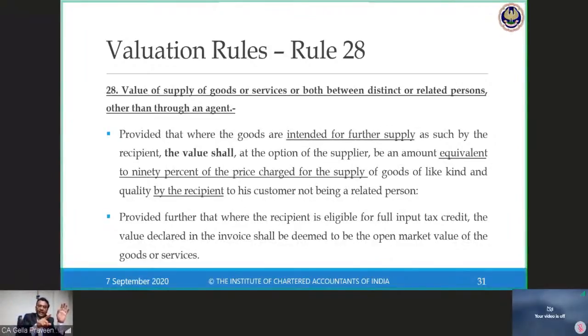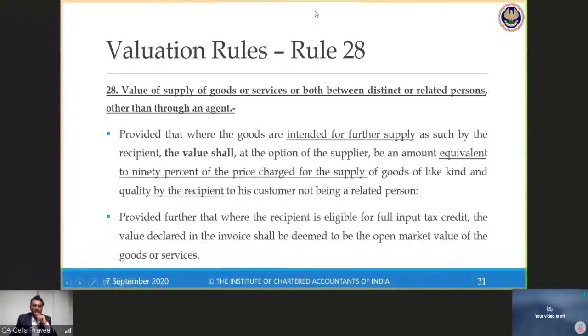Read the language, where the recipient is eligible for full input tax credit. So if your recipient is entitled to full input tax credit, we need to wait for Section 16, which talks about input tax credit. Till such moment, please understand, if your recipient can take input tax credit, the answer is yes. You can consider the invoice value as the open market value. The officer does not have a right to question your invoice value. That is the point here.